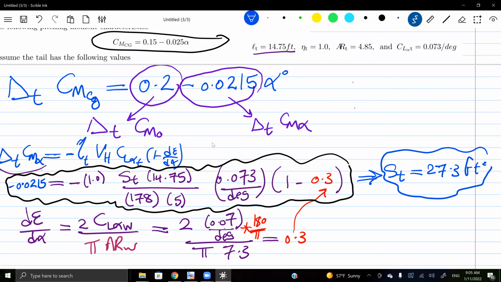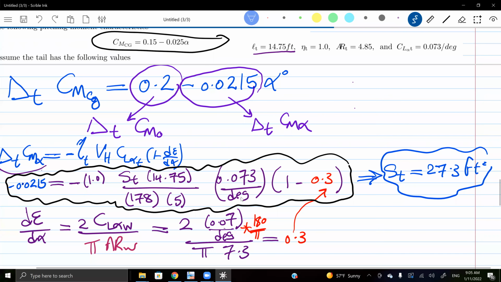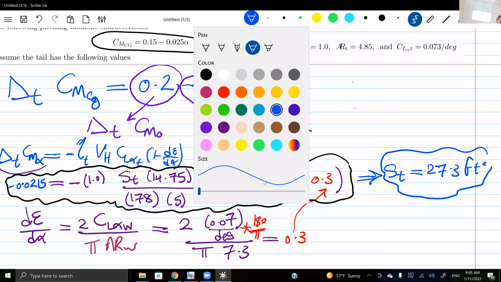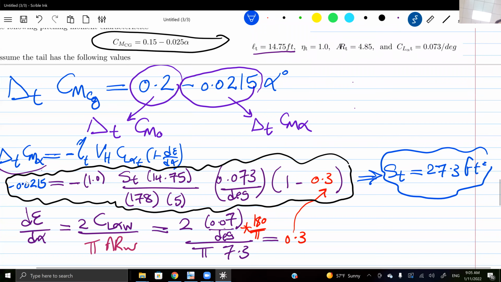Sorry, Professor, I have a question. Yeah, sure. How come the 0.073 value is per degrees and not per radian? That's a very good question. We should have paid attention to this detail. So the left-hand side, I wrote it like this, but does it have a unit or not?